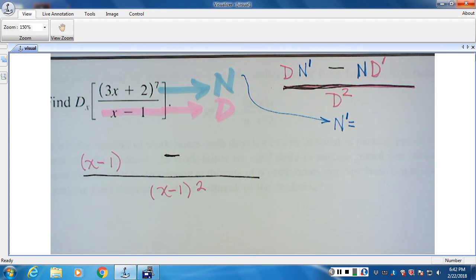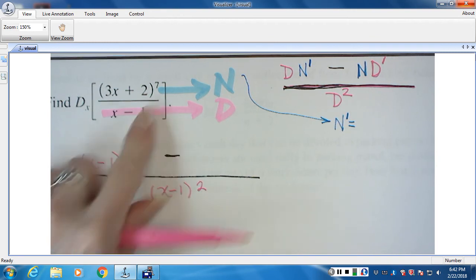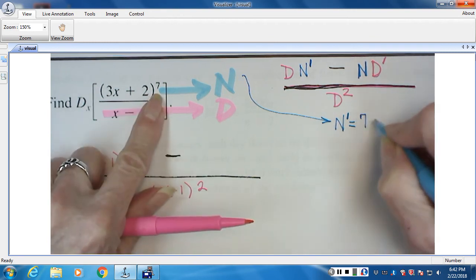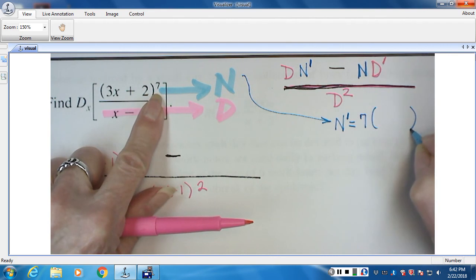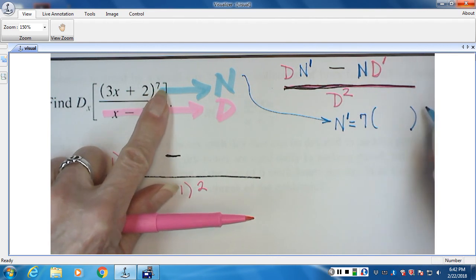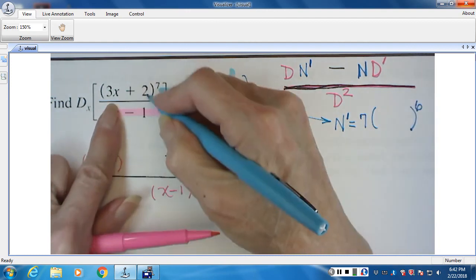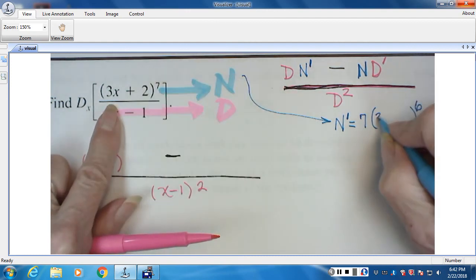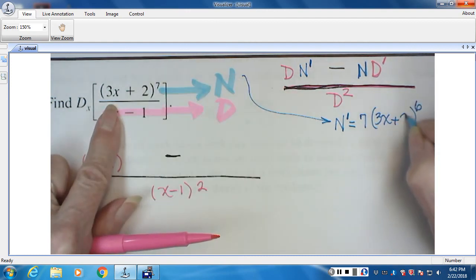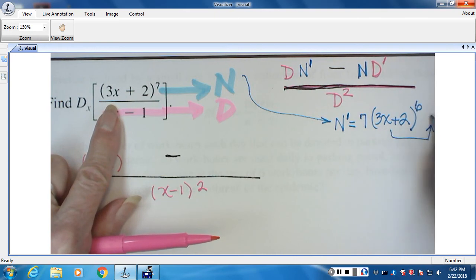Because it's got an outside set of parentheses with some algebra stuff inside of it. So we're going to take that power of 7 and bring it down in front of the parentheses. Then we're going to subtract 1 from that power and make it a 6. And then we're going to keep what was inside the parentheses. But we're also going to take the derivative of what was inside the parentheses, which is 3.